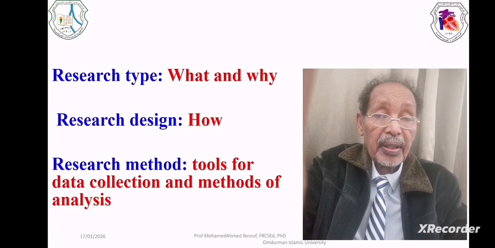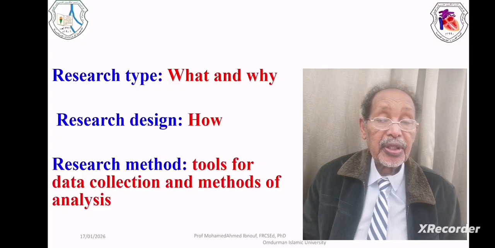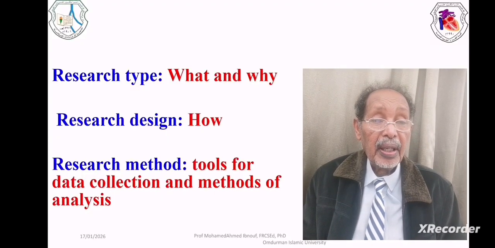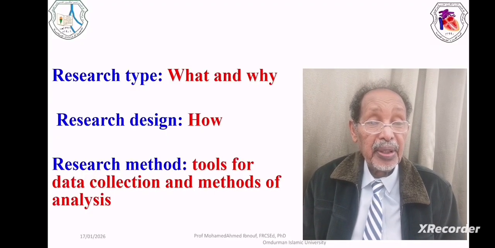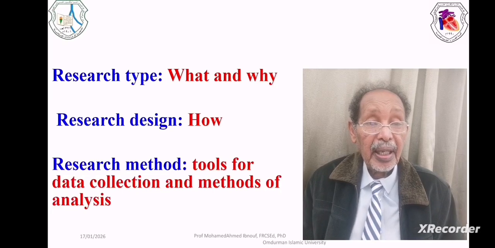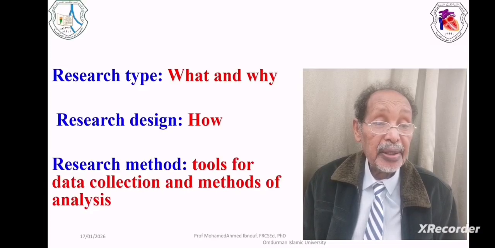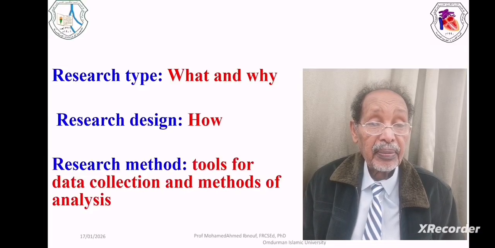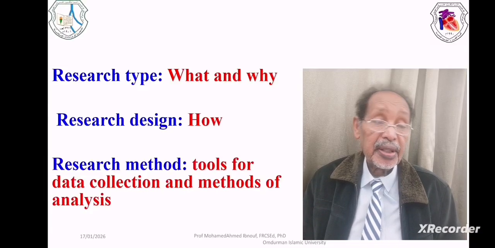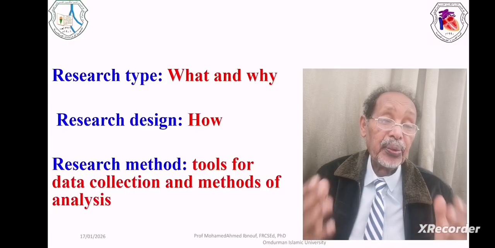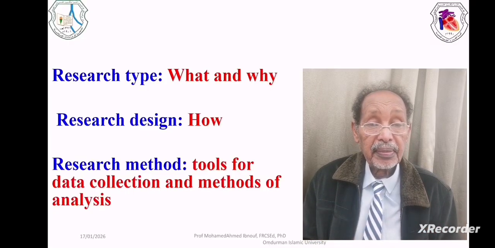As I said, the research type can be easily mentioned when we answer the question, what is it about? Or why is it being done? And the research design is how the research is structured.